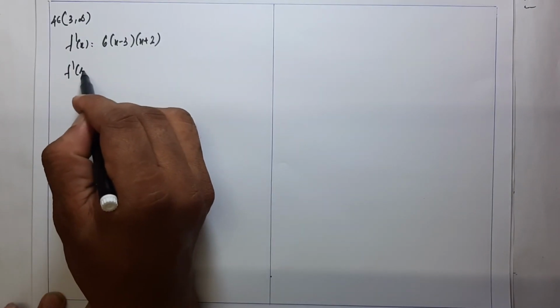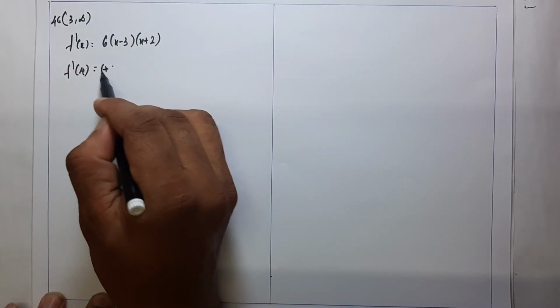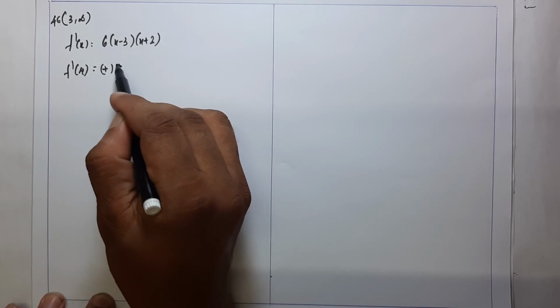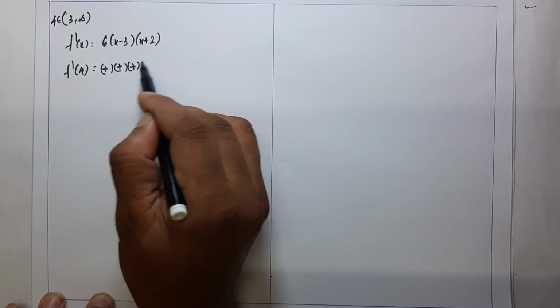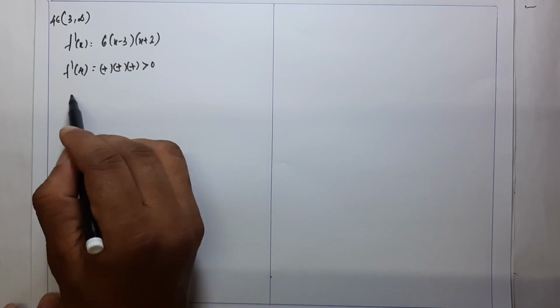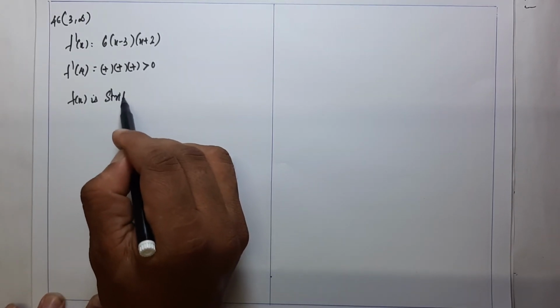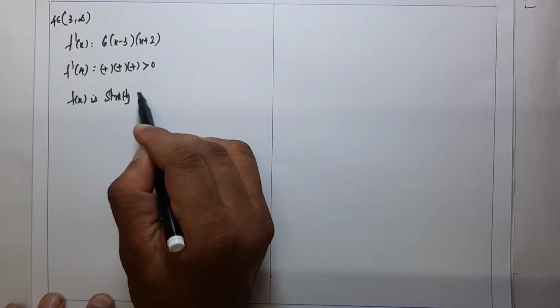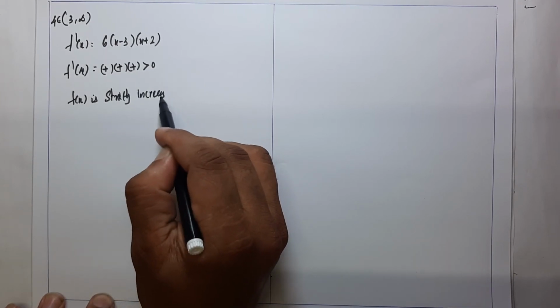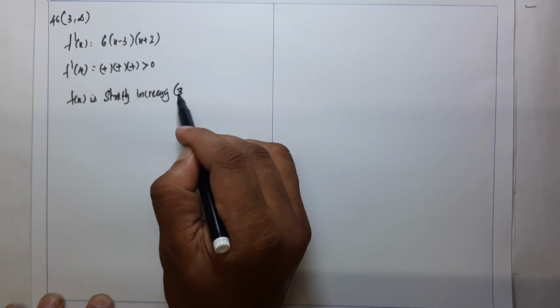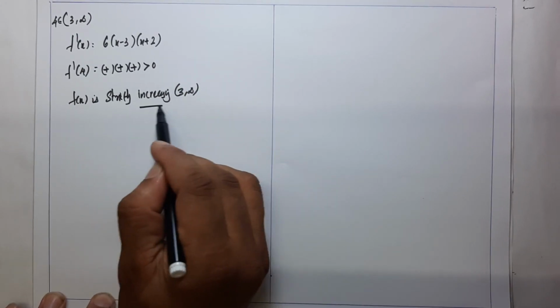Find f dash 4. 6 is always positive. 4 minus 3 is also positive. 4 plus 2 is also positive. That means it's greater than 0. And therefore our function is strictly increasing in the interval 3 to infinity.